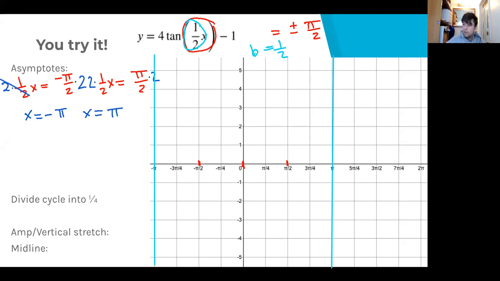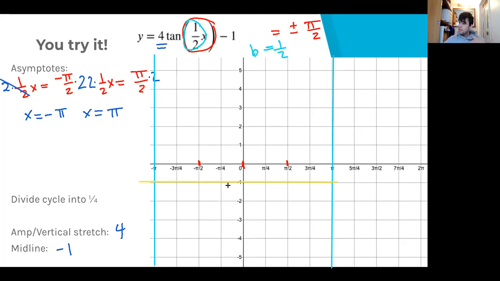The next thing we need to do is think about our amplitude and midline. So in this problem, our amplitude is 4. And there is no reflection. This is kind of a standard tangent graph. It's not reflected at all. And our midline is actually down at -1 now. You could draw some guiding lines for these if you want. Some people really like these, so they put their midline down.